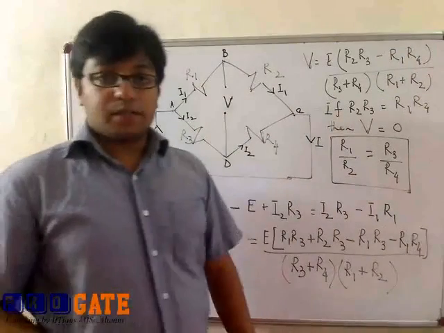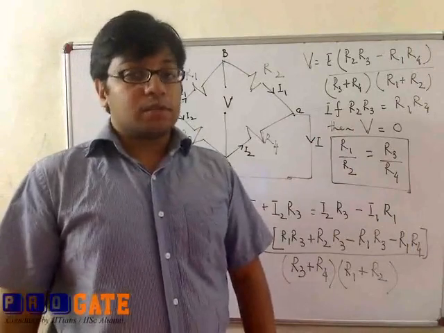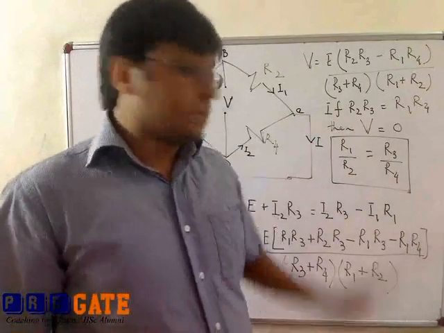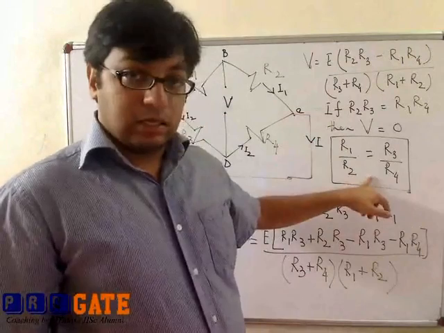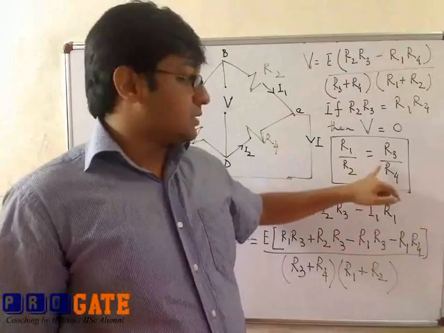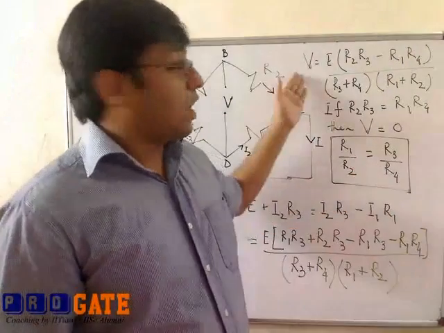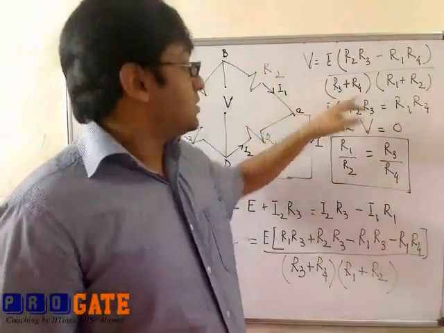So when we talk about the Wheatstone bridge, there are two expressions that are very important and that need to be remembered. One is the expression of bridge balance. That is, what is the ratio of the resistances when the bridge is balanced. And second is the expression for output voltage V, which is this expression.